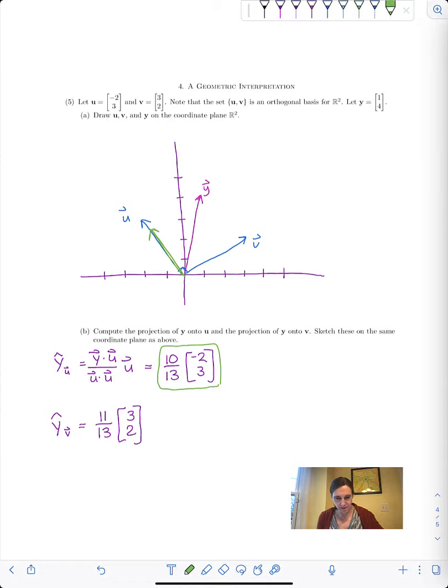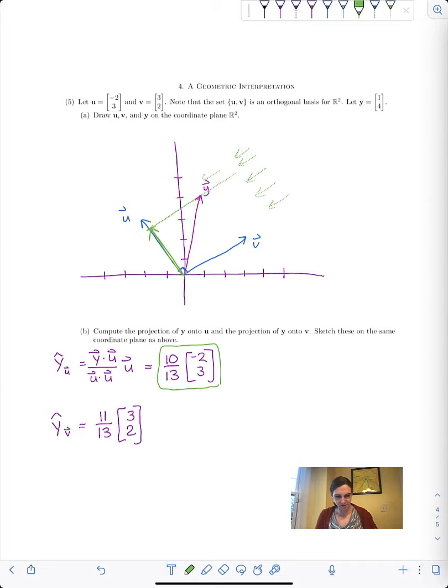And you should notice it's kind of like when you take a projection down onto the x-axis, you look at the shadow that you would get if the sun was coming perpendicular to you. And as the sun comes perpendicular to you, it drops a line down from the tip of y, and that is the tip of your projection.